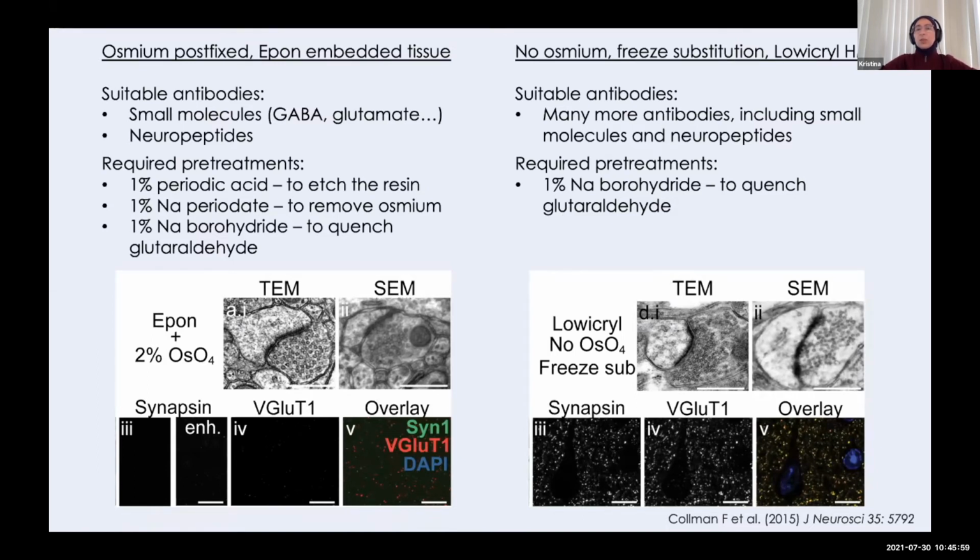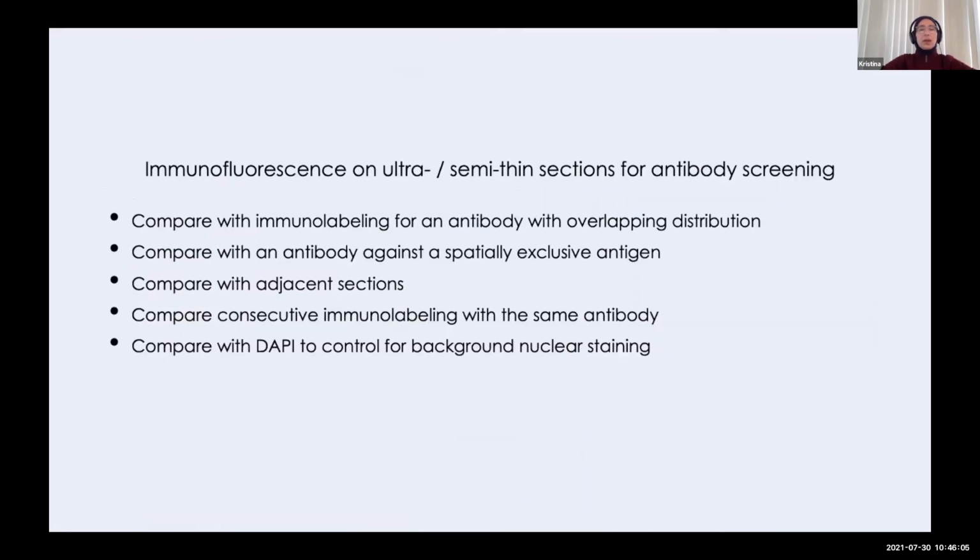Even though there are a lot more antibodies that work in this case, it's still a pain trying to identify them. So we try to do this mostly at the light level because it saves a lot of time, it is faster, and there are a lot more readouts that one can apply to judge whether an antibody works well or not.